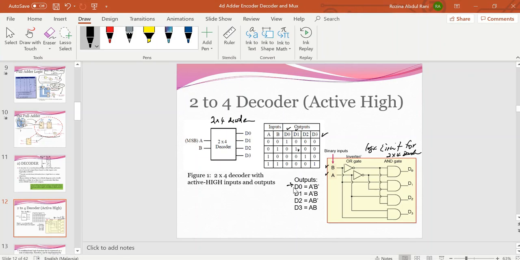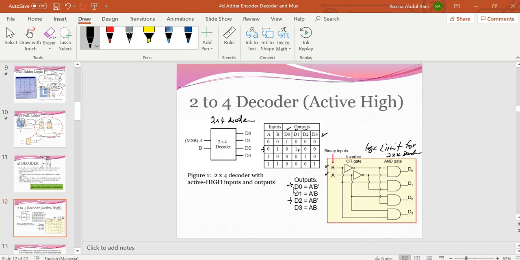So from here, the minterm for output D1 is A bar times B. And for output D2, the Boolean function is A B bar.